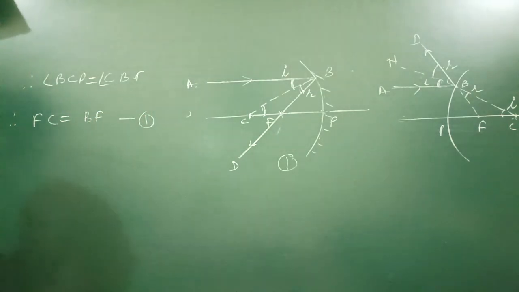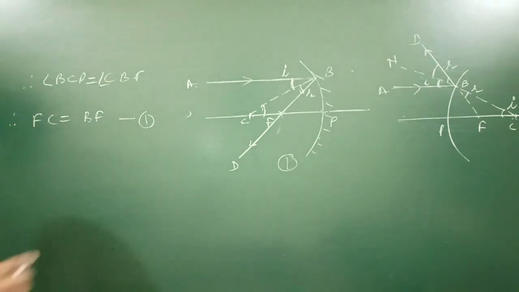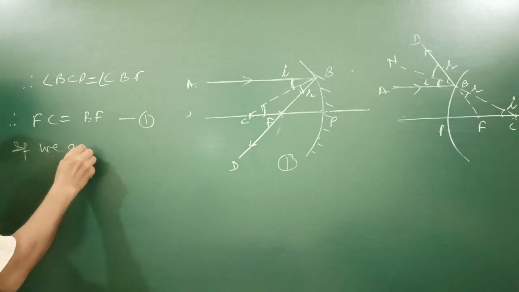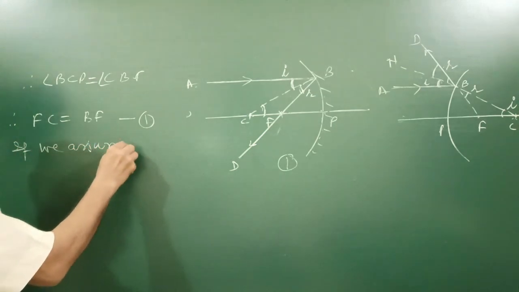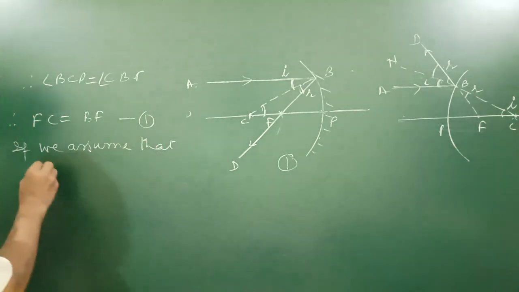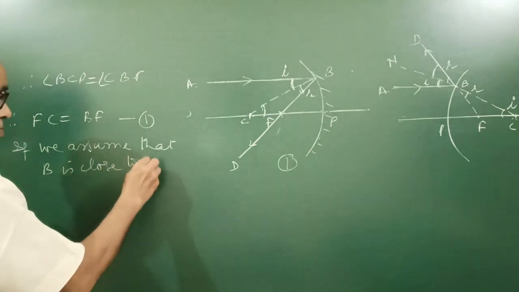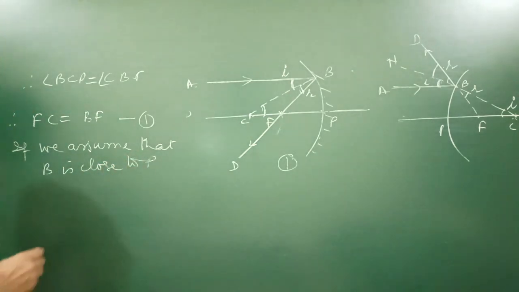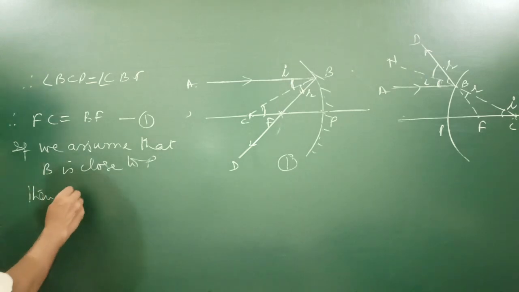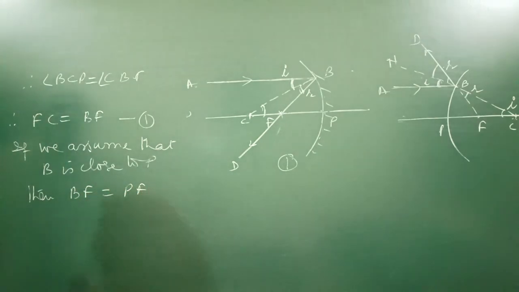Now here lies the trouble, one thing which creates a lot of trouble here. Assume that B is close to P, then BF is equal to PF.